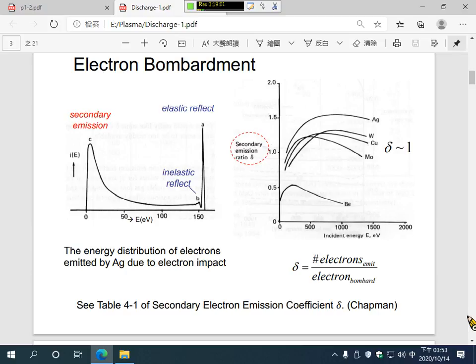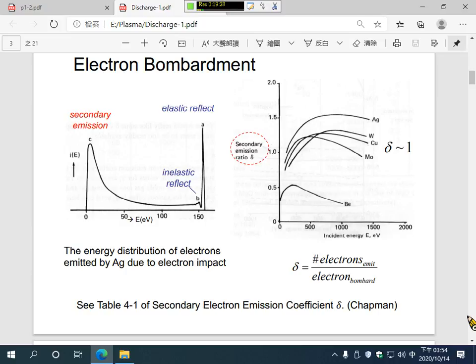And you can use the simple delta for the secondary electron emission by electron bombardment. So the delta equals the number of electrons emitted from the surface of the material per electron bombardment.